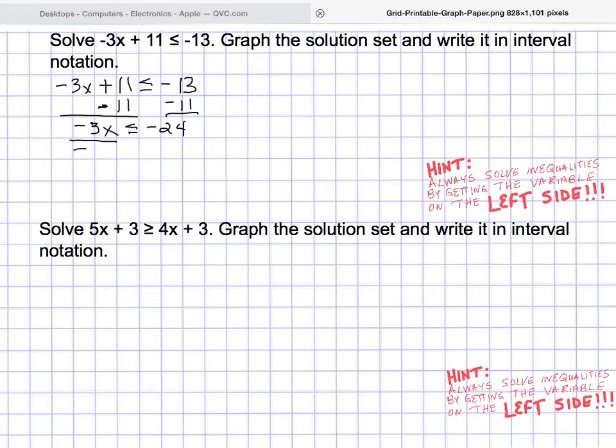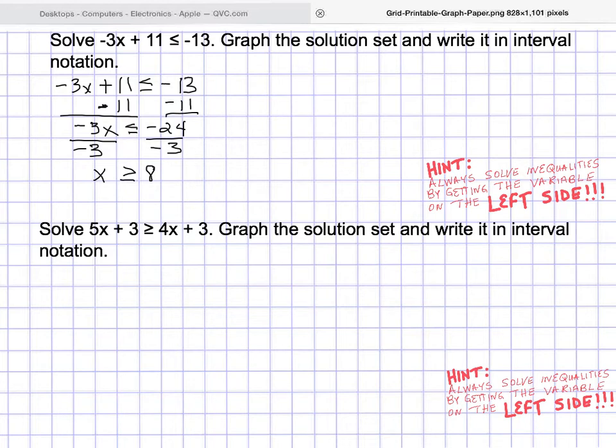Negative 3. Now be careful. We just divided by a negative number. So dividing by a negative number means your direction of your inequality must change. Do it immediately or you will forget. So what we have left is x is greater than or equal to positive 8.